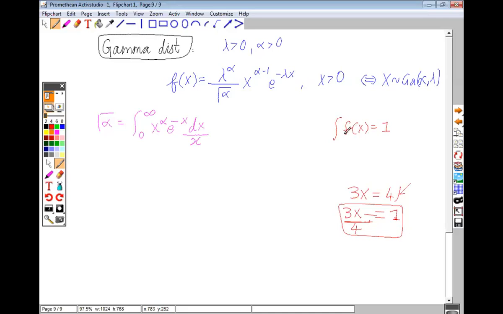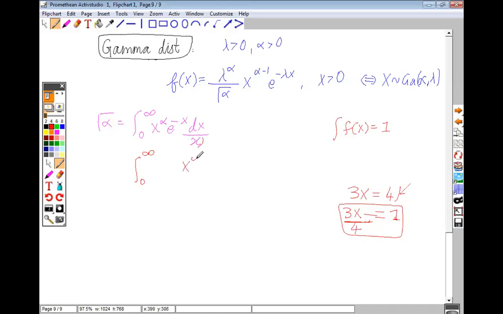So if I have the integration of some function equal to this, and I want this integration to be just 1, what should I do? I should just take this down here, right? So I'll have integration from 0 to infinity of x raised to alpha, but remember, I have this 1 by x down here as well.